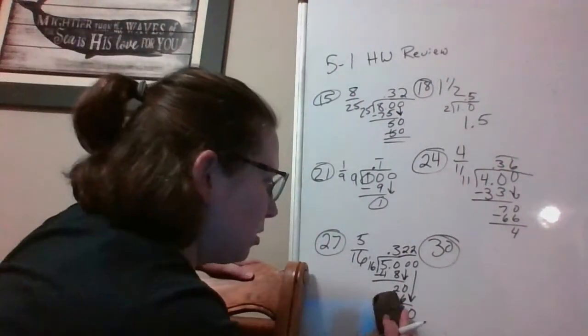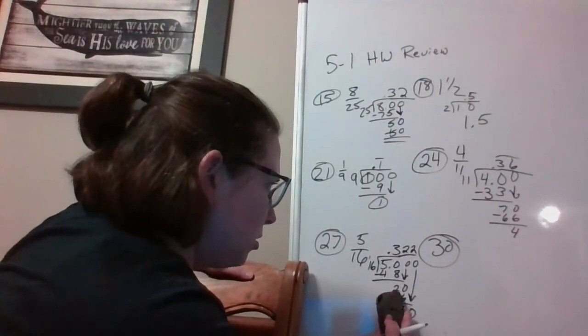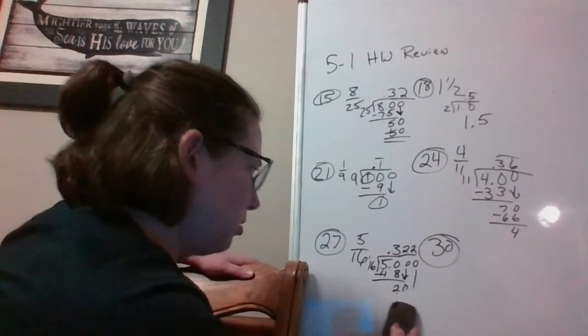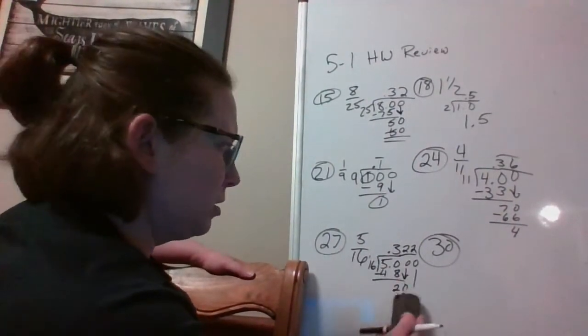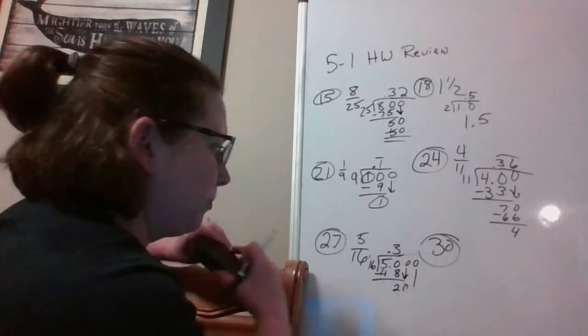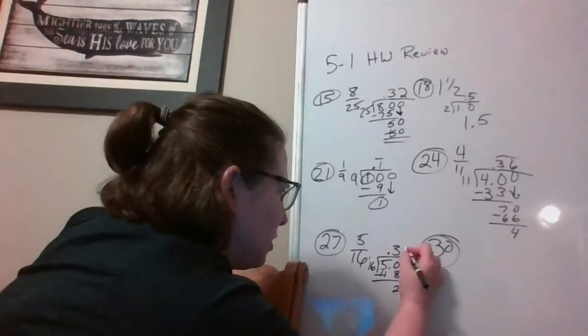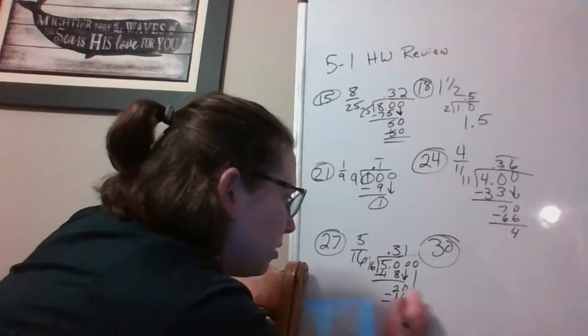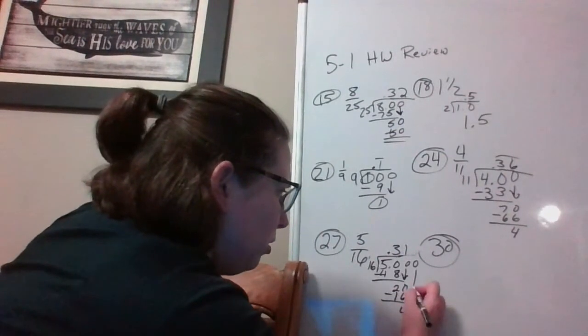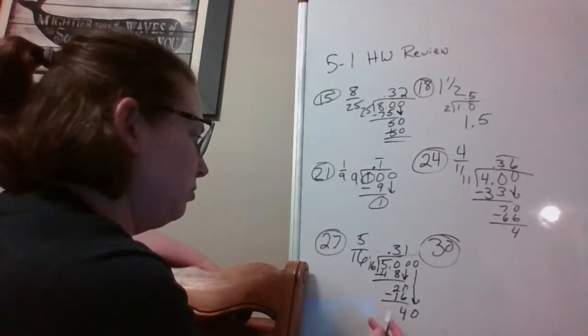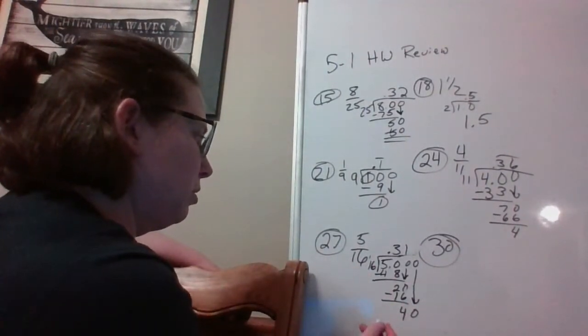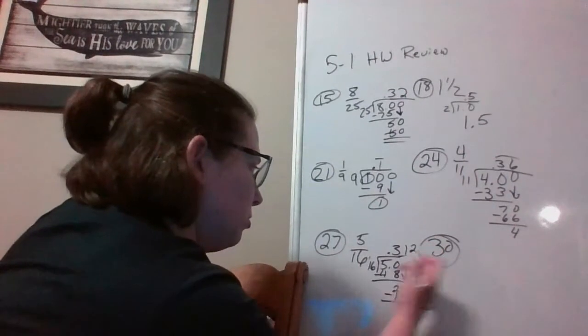Oops, I made a mistake here. So 3 is 48. 2 times 16 does not, that was too big. I don't know, I was thinking 8, I guess. We get a 4. This would be a 2.